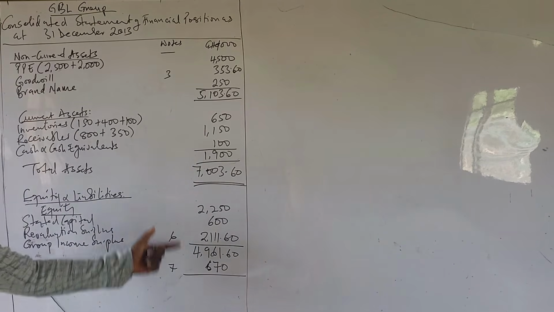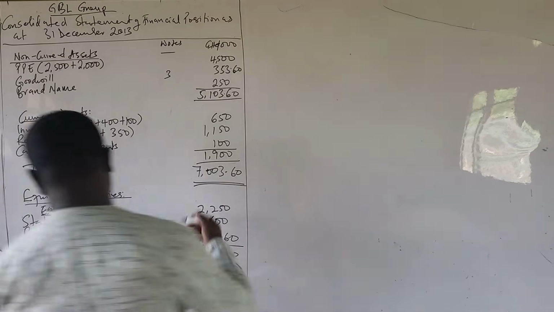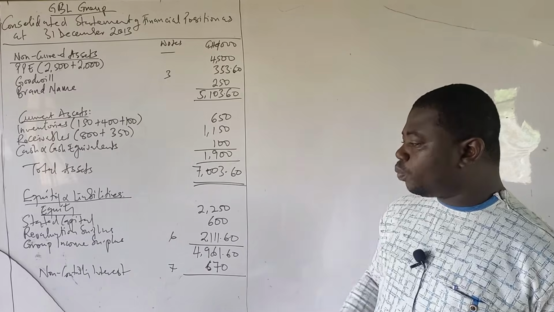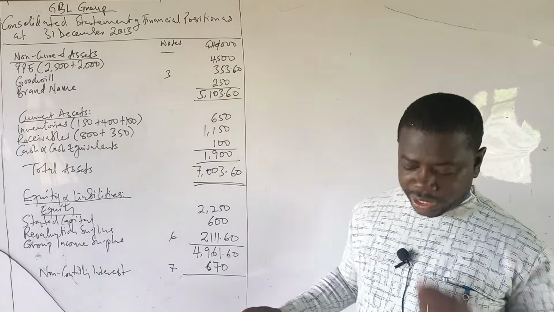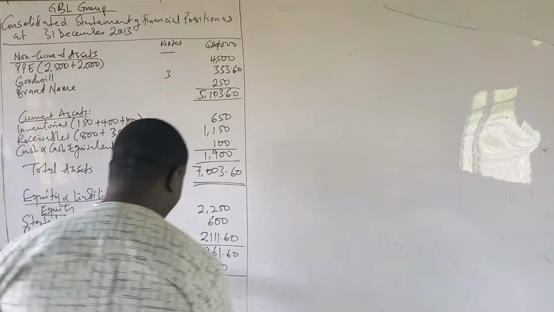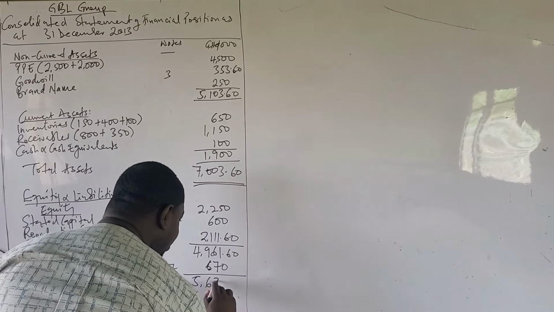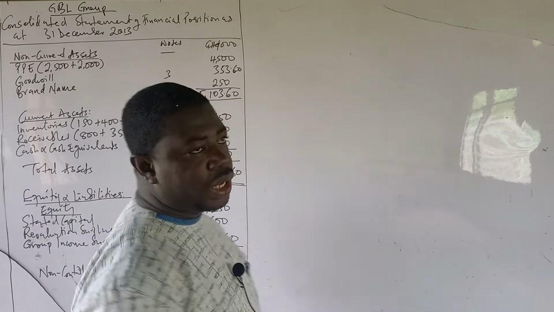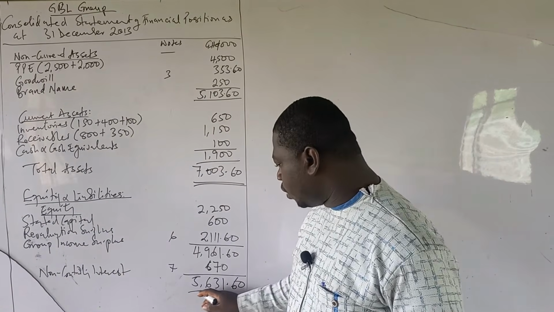We get the value of equity for the group, and then we add that of the non-controlling interest. And when we add the non-controlling interest value to this, it's going to be 5,631.60. That is it for the equity and the non-controlling interest.